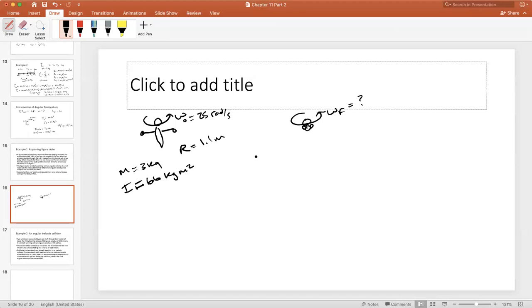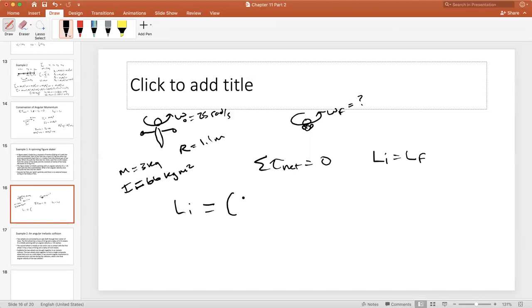So using conservation of angular momentum, we can use that because we know there is no net torque on her body. We therefore know that her initial angular momentum is equal to her final angular momentum. But what is her initial angular momentum?